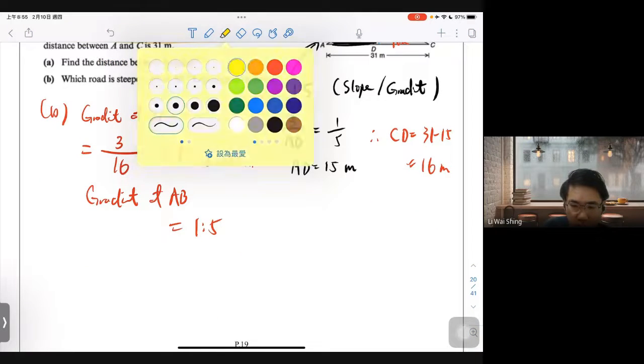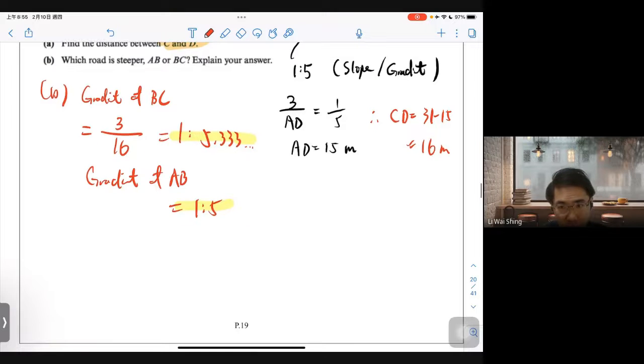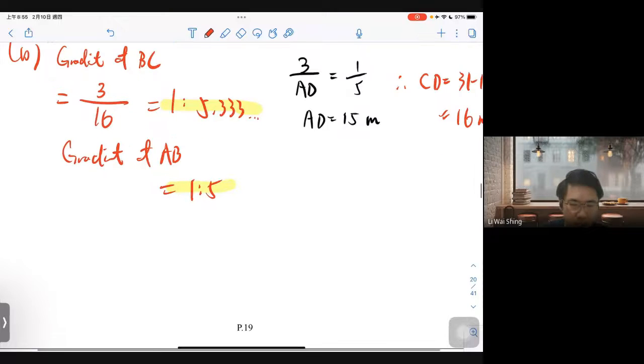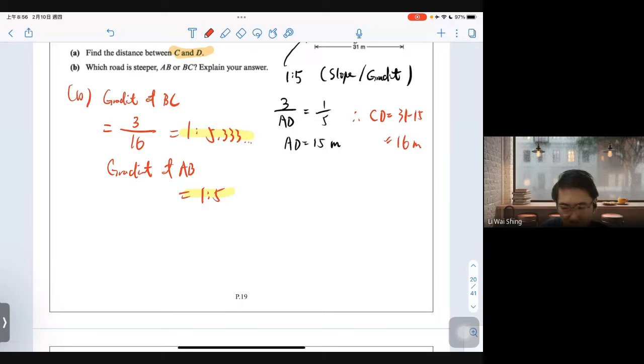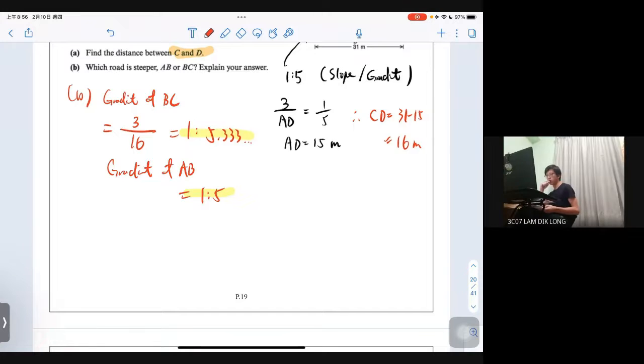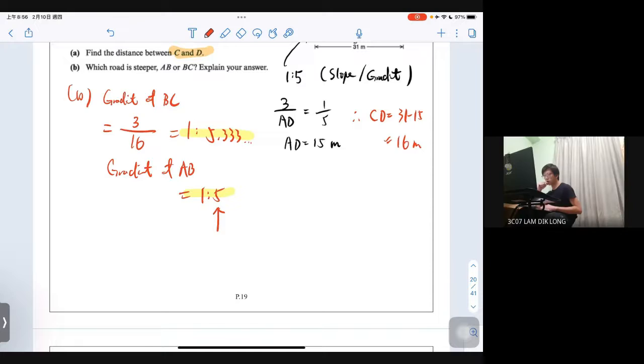Which one is steeper? Is 1 to 5 or 1 to 5.333 steeper? Desmond, which is steeper? 1 to 5. How could you know that? Because that number is smaller. When the number is smaller, what happens? It is steeper.